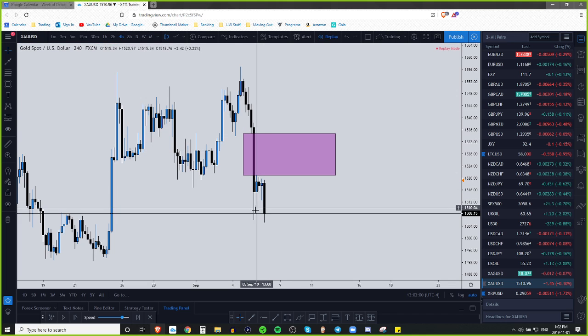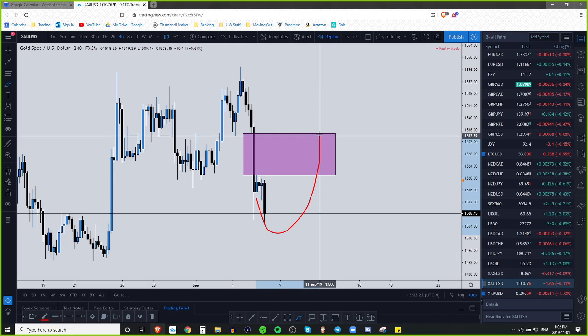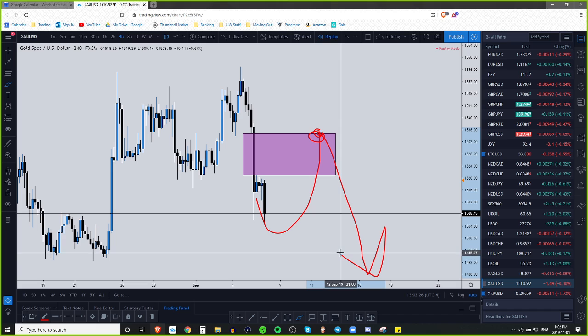This is a very fast move to the downside, and therefore there was not much of an opportunity to be buying in this area. Buying and selling need to be offered on both sides in order for price action to be classified as healthy. So this is imbalance, unhealthy price action, and eventually we want to see price come back up and fill this area in before continuing to the downside.